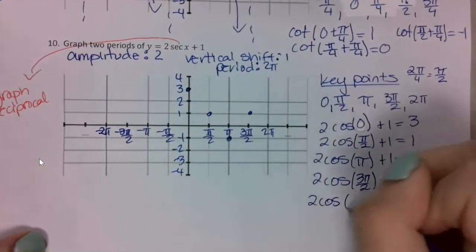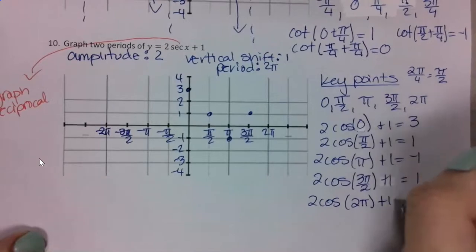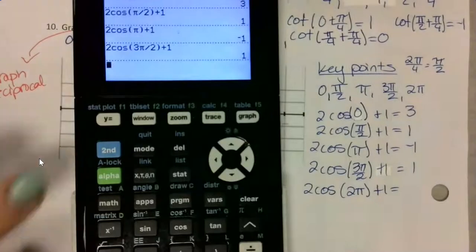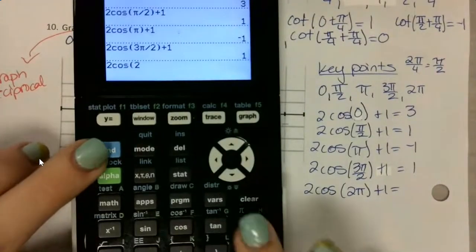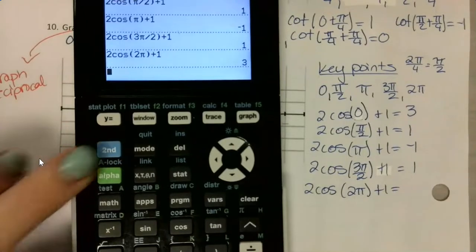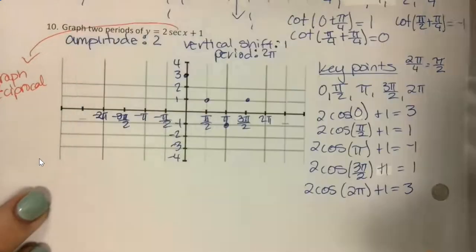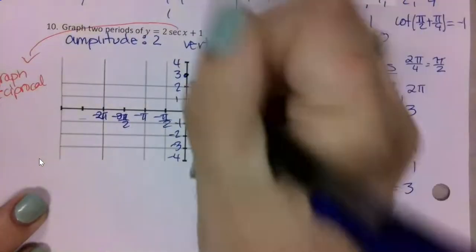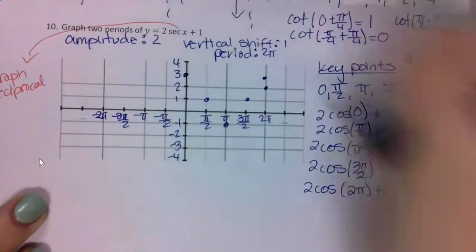And then the same thing for 2 pi. Which gives me 3. Oops, 3 is right here.